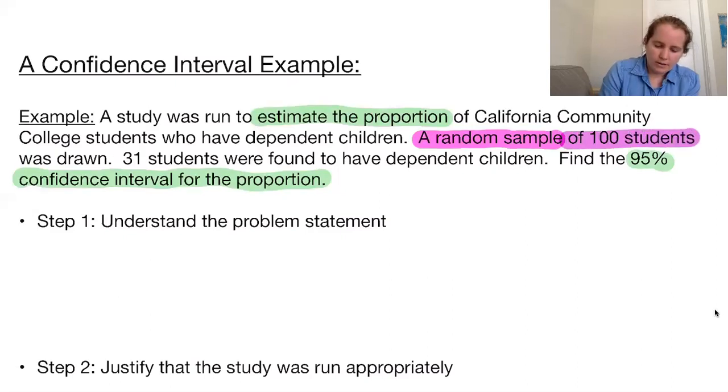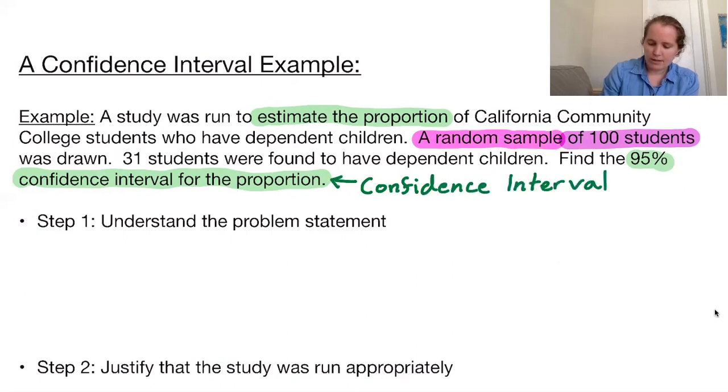So right here, what I've done so far, we know that we are taking a confidence interval for proportion. So it's a confidence interval, and it should be based on the p-hat distribution.